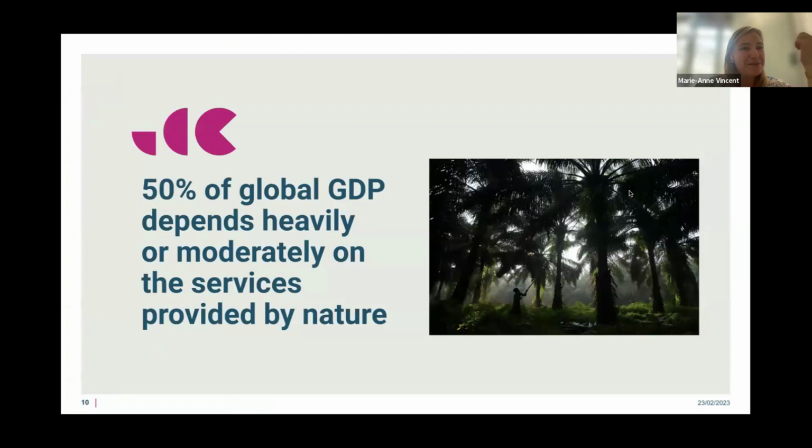So it's for the planet, but also for us, because today the world GDP is heavily dependent on nature and its ecosystem services. Half of the GDP in the world is dependent on nature, for food, medicine, water, land use, etc. We definitely need nature, so we need to protect it so that we can still have a comfortable life in the future.